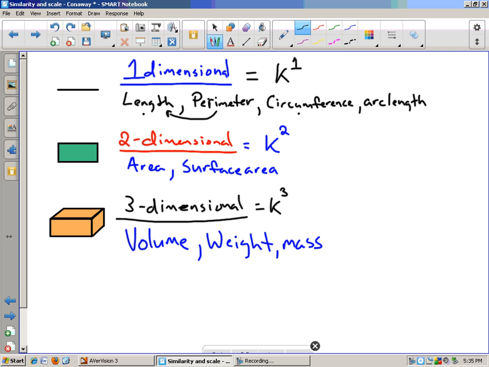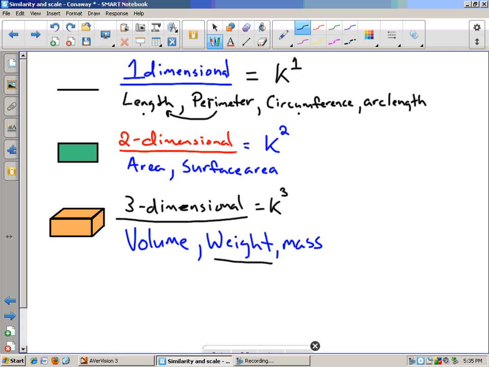k cubed. And this explains to me why when I was a kid and I could slam my Hot Wheel into the wall going 20 miles an hour with no damage, why when I scale that Hot Wheel up to a real car, 20 miles an hour will do real damage. Because the weight is going to be scaled up also.